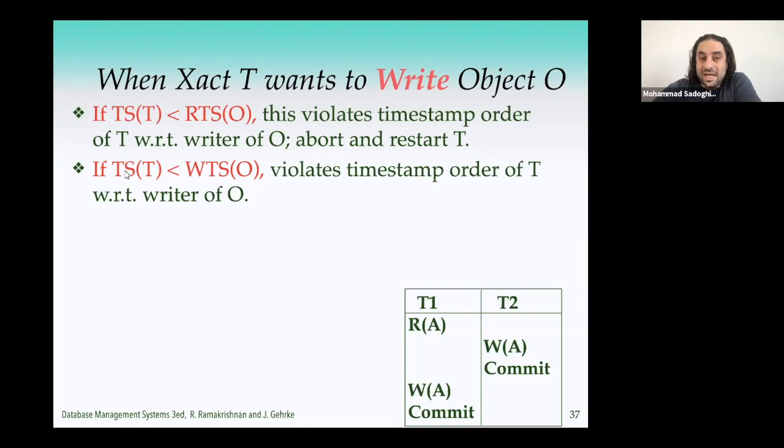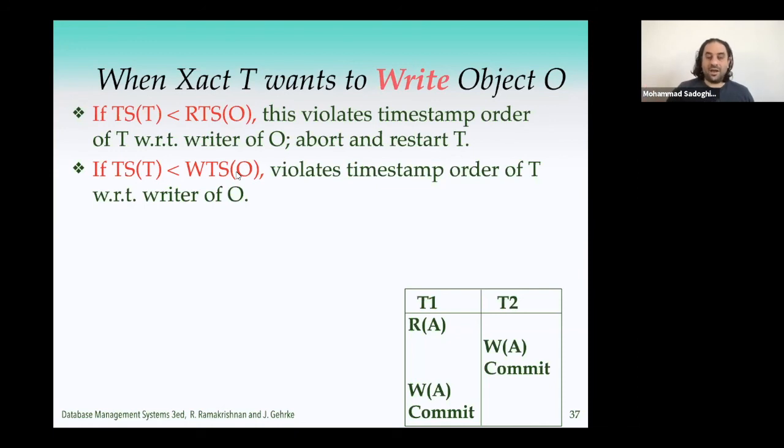Also, if the timestamp of a transaction that wants to write the object is smaller than the timestamp of the last transaction who wrote this object, say the last writer is at 6 p.m. and now I'm a transaction at 5 p.m. wanting to write an object already written by an even newer transaction at 6 p.m., then I cannot write it.